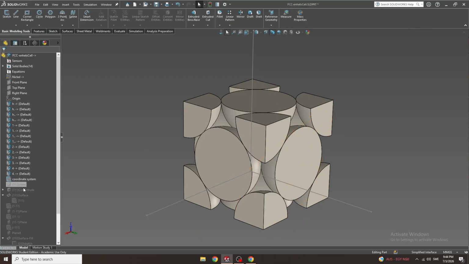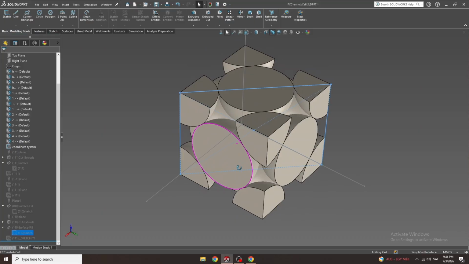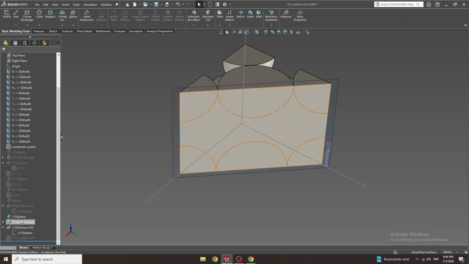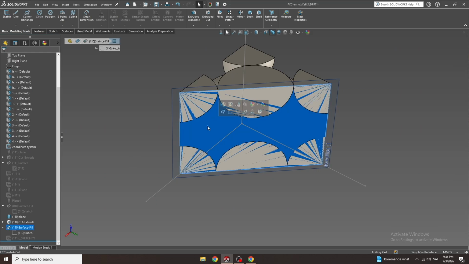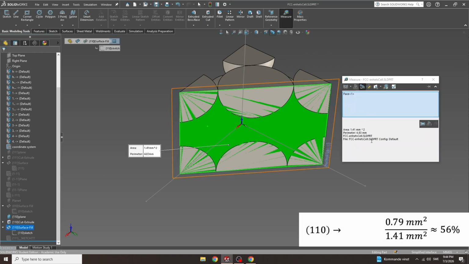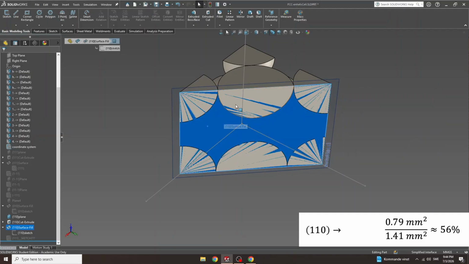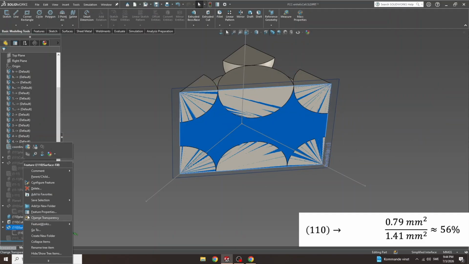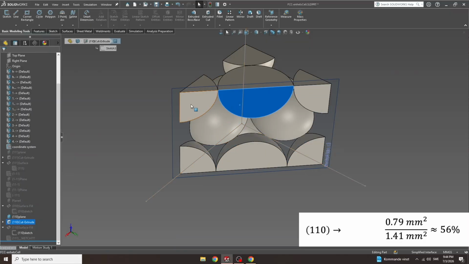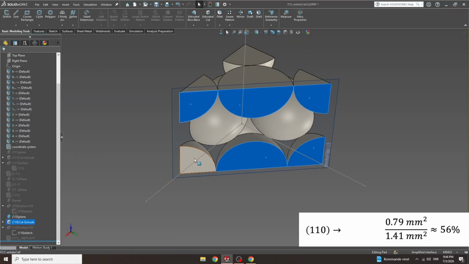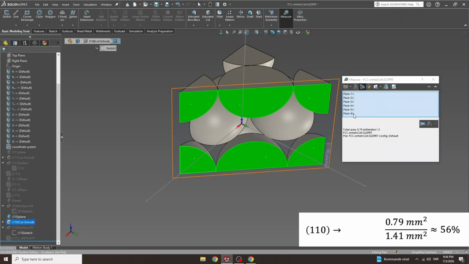And if you look at another example, let's say this plane you see here, the 110 plane. This area should be 1.41, and the area of these atoms here is 0.79.